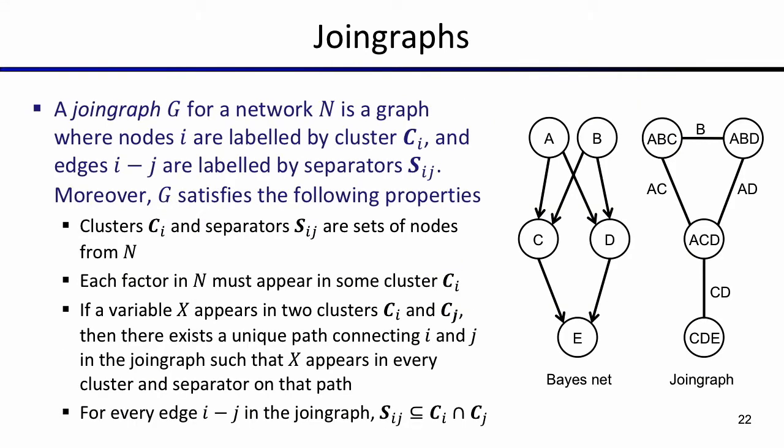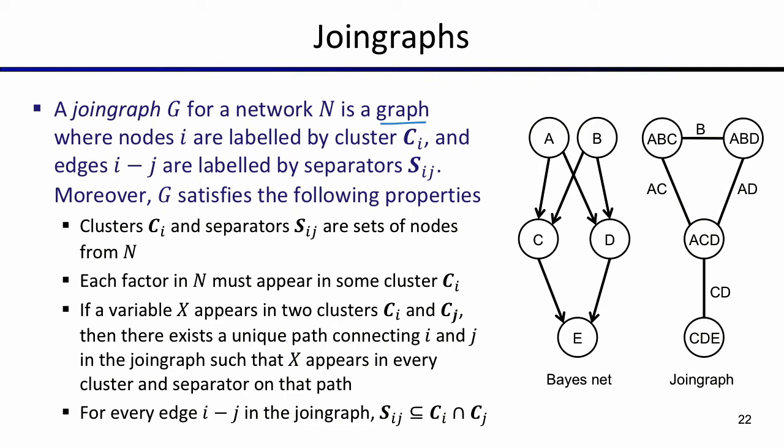So let's start by defining what a join graph is. It's very similar to the join tree, but now we're going to allow loops in the structure. A join graph G for a network N is a graph, so not a tree anymore, where the nodes are labeled by clusters Ci and the edges Ij are labeled by separators Sij.